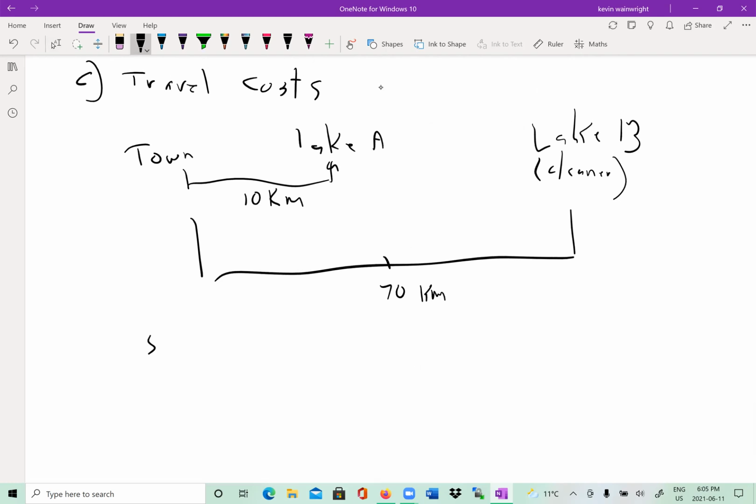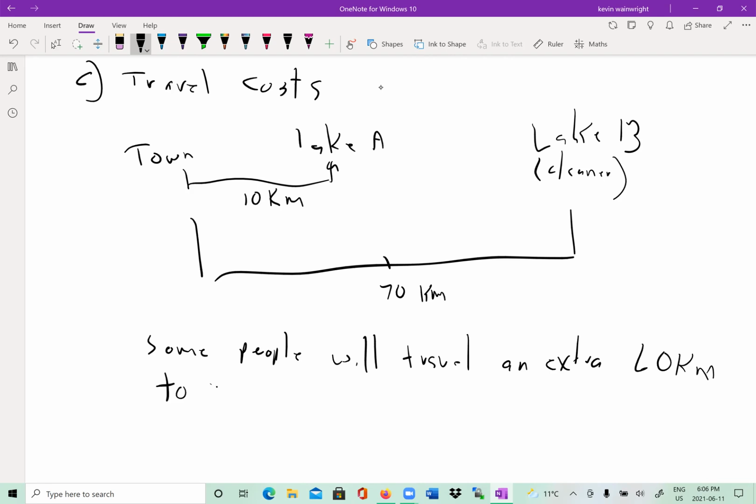So some people will travel an extra 60 kilometers to get to a clean lake. So we can look at the value of the transportation.